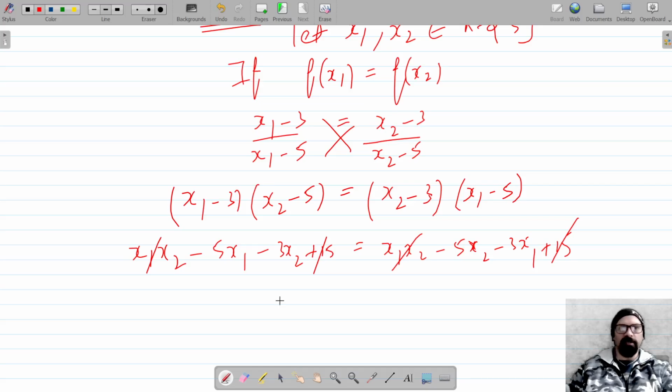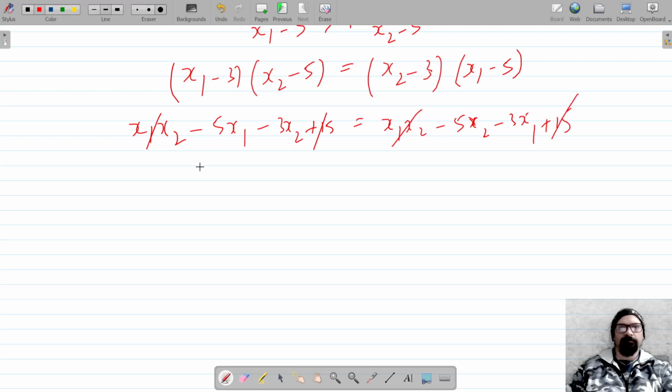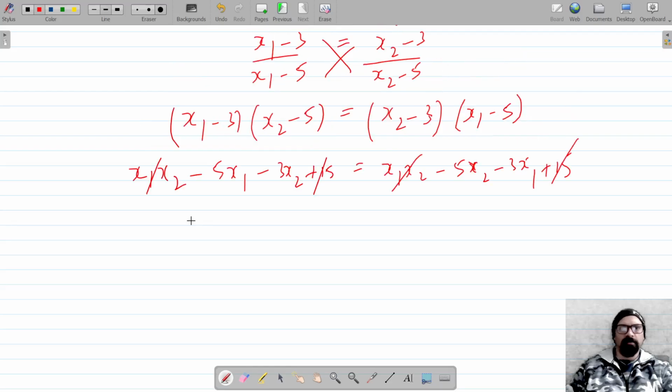And finally, we have negative 5x1 plus 3x1 is equal to negative 5x2 plus 3x2, which gives me negative 2x1 is equal to negative 2x2.